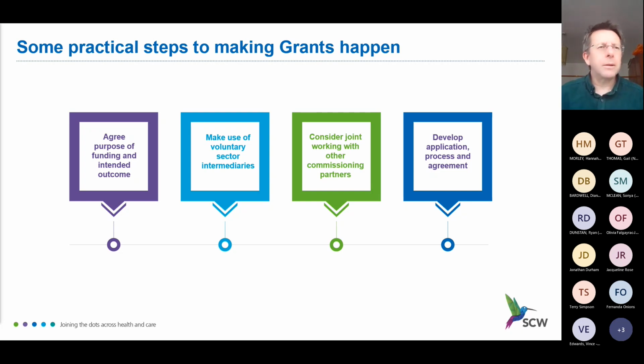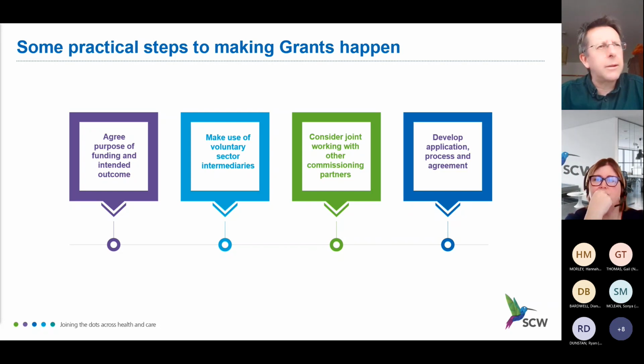It might be appropriate to link up and make use of intermediaries within the VCSE. There are some organisations that act collaboratively with each other to manage the voices of lots of smaller organisations.